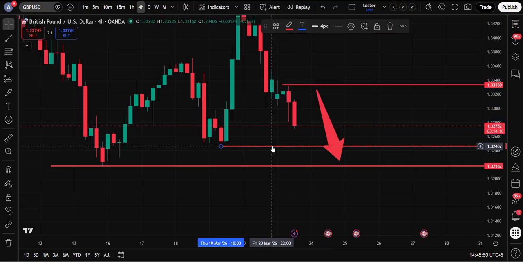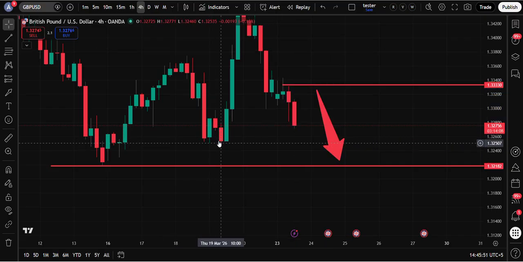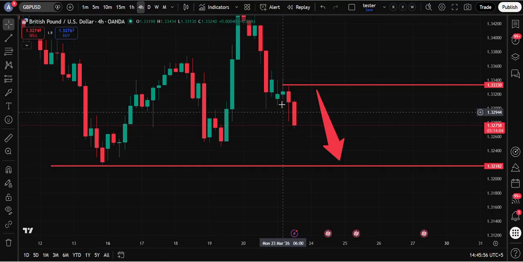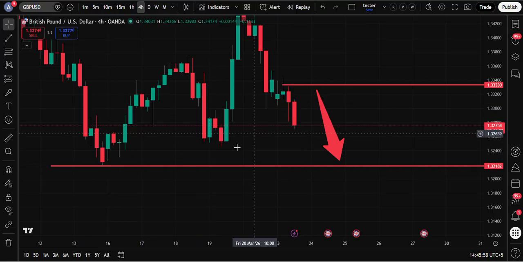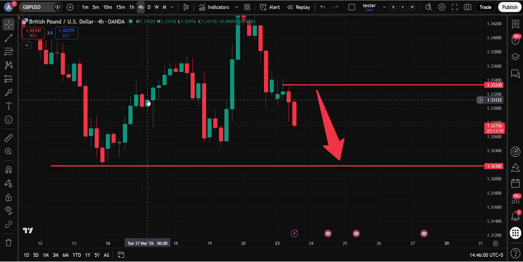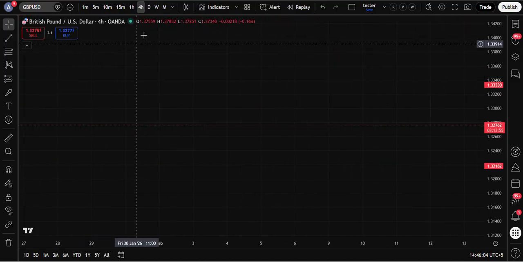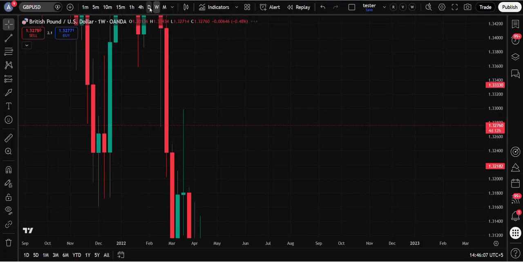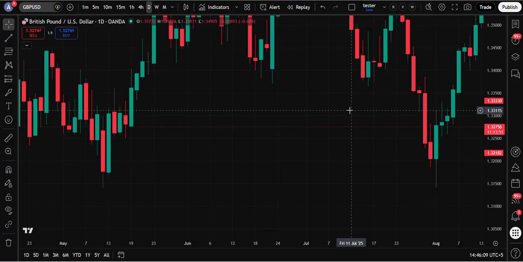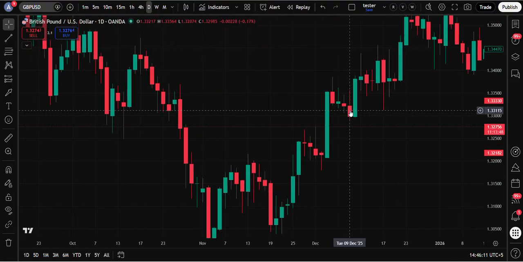Instead, no, what I will do is delete this. My bearish target would be, because if we are bearish we're going to make a new low, the first target would be 1.32128, 182, sorry. And for the further target, I have to look at the daily chart because the 4H is going to go way back.